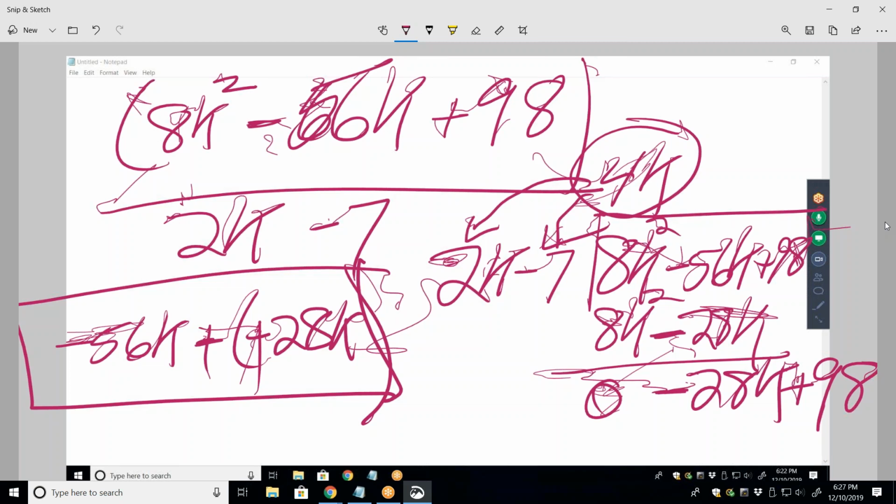Divide 2k into minus 28k. Divide this thing right here without the negative sign into this thing right here. What's 2 into negative 28?